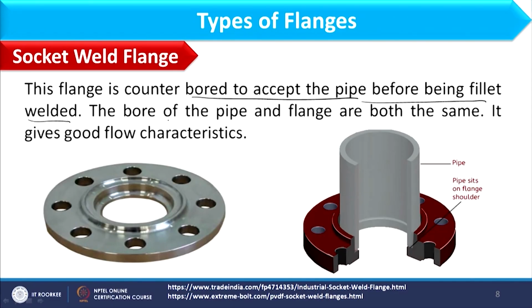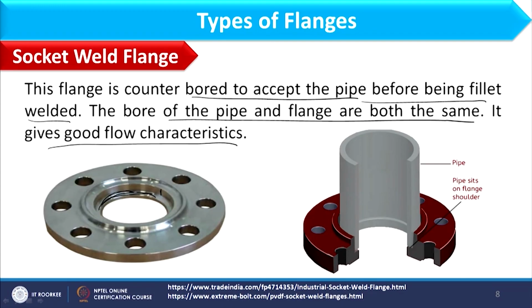In this case, the bore of the pipe and flange are both the same, and it gives good flow characteristics. So, what is basically a socket weld flange? If you consider this is the disc and this section is basically connected to the pipe. If you consider the inner part of this flange, this inner part is slightly deepened in comparison to this part.